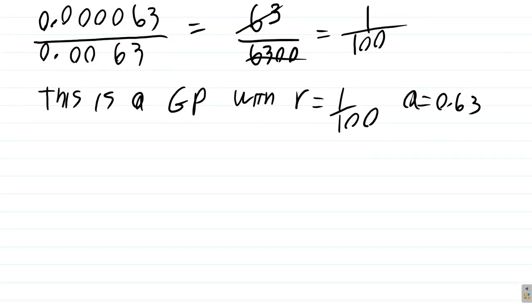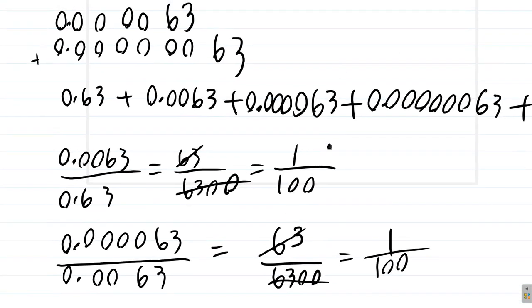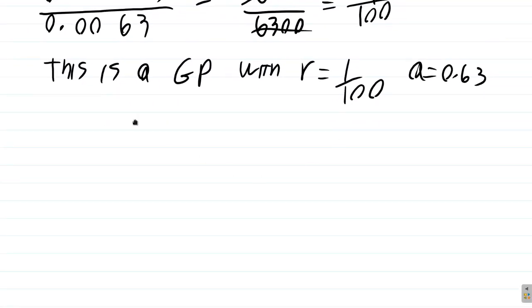Now, the thing is, what do we get when we add up all of these things? Remember, you have the sum to infinity. So the sum to infinity of a geometric progression is a over 1 minus r. Alright? a divided by 1 minus r. You have to remember that formula in case you don't get a formula sheet in your exam.